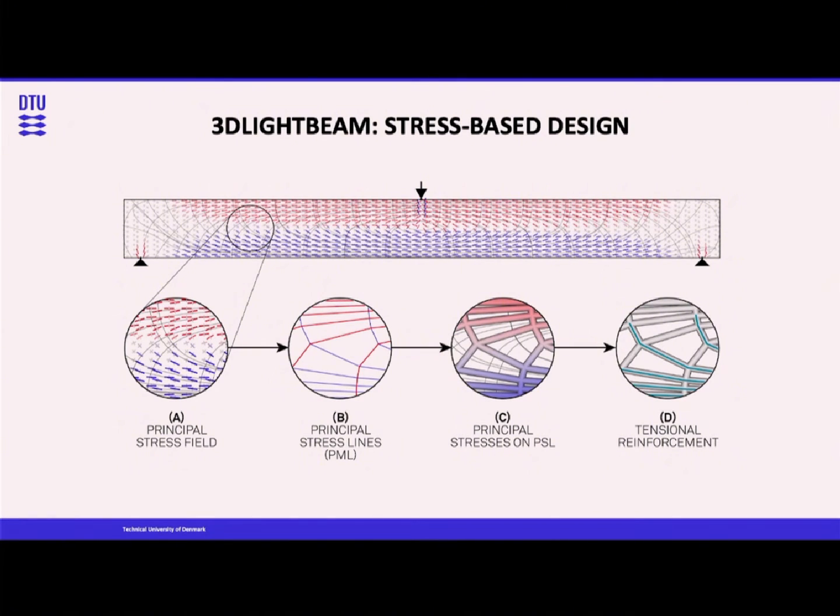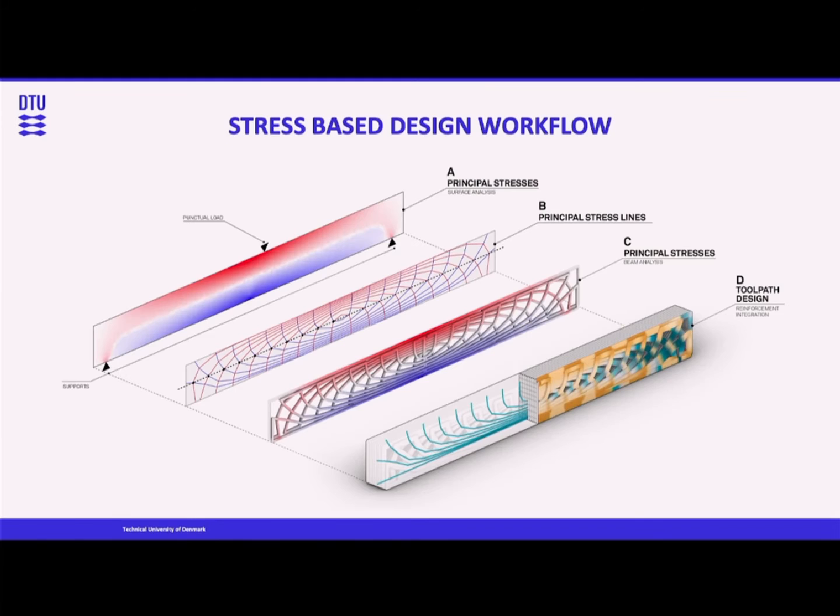So using a principal stress line field, we extracted some principal stress lines, and analyzing those, we could generate theoretical pure compression and pure tension lines that we used to print as our toolpath, but also to insert pre-bent rebars in the tension area.